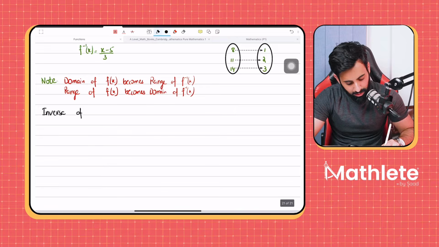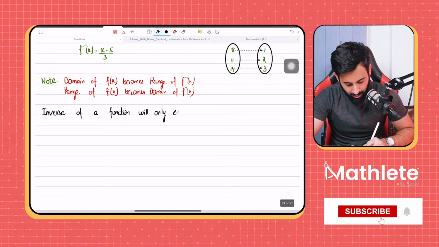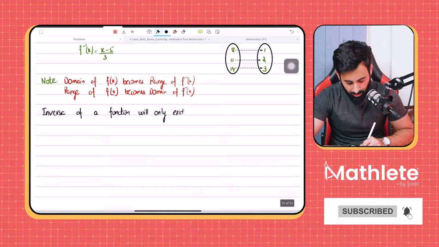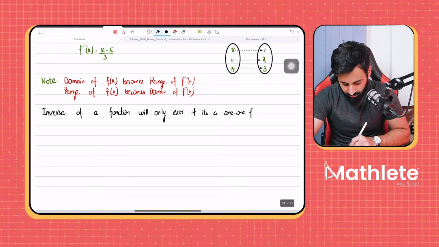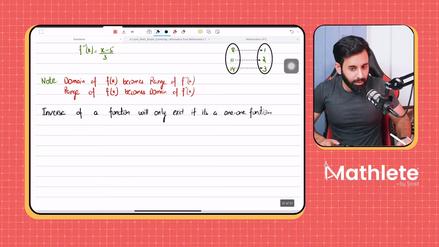So remember, the inverse of a function will only exist if it's a one-to-one function. Okay. Acha, why not many-to-one?